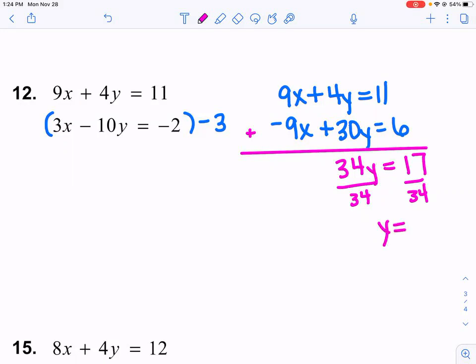Okay, so let's all appreciate that 17 divided by 34, 17 is a smaller number. And if I have a smaller number getting divided by a bigger number, we're going to have a fraction. Oh no, a fraction. Fractions are our friends.